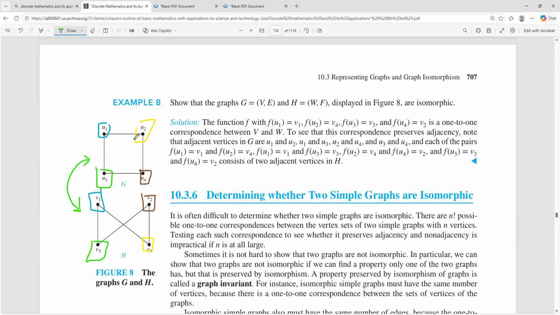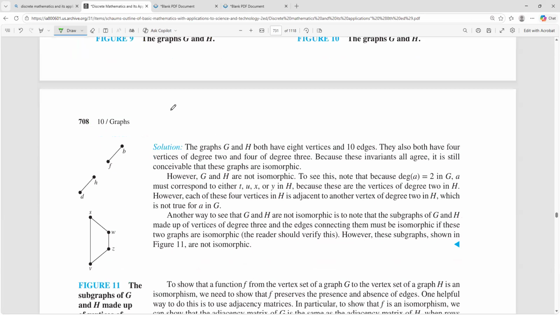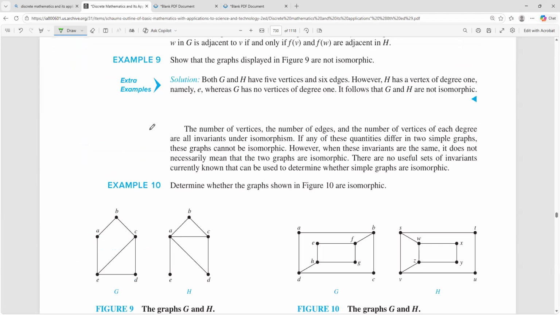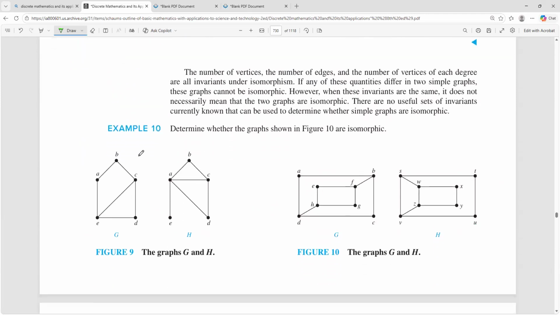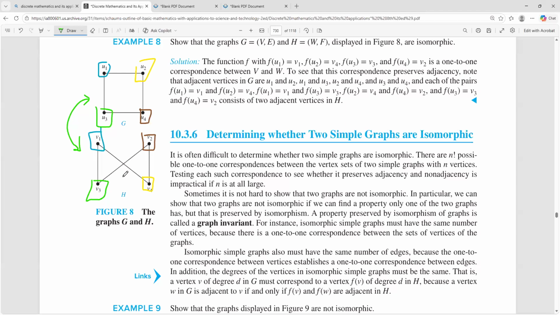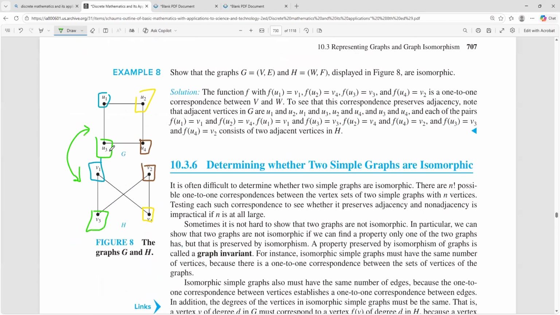In order to see if two graphs are isomorphic, it's difficult-ish. What I would do is play around. It helps to color each thing, and always start with something, a random matching.